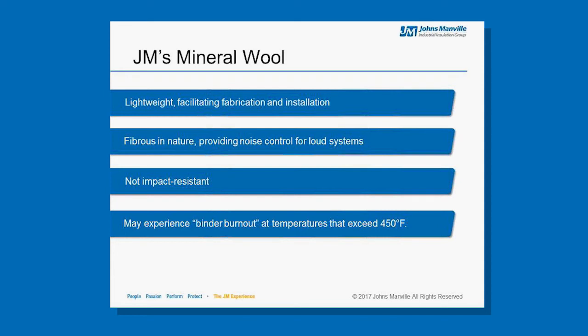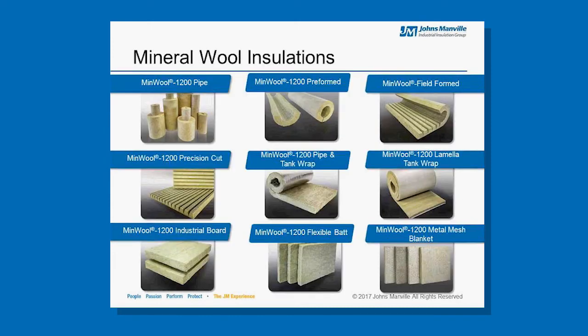If you have it on the exterior of your insulation system and you've got a jacketing that's not very thick, say 016 aluminum, and you step on it, you may compress the jacketing, allowing for water ingress into the system. So when we look at the various products with regards to mineral wool insulations, there are pipe products, board products, and pipe and tank wrap. We'll go through each of these on the next slide.